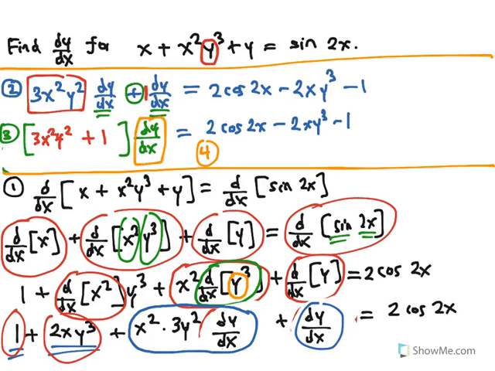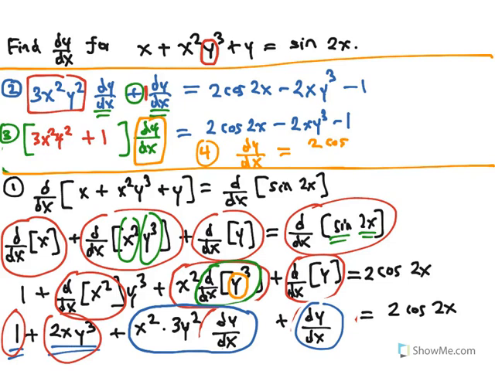Get it by itself. You can see that dy/dx is being multiplied by the factor in the green brackets. So I will divide both sides of the equation from step 3 by the factor in the green brackets to get dy/dx by itself. So dy/dx is equal to, when I divide the left side by the green bracket factor, I will isolate dy/dx, so I have to do the same thing on the right side.